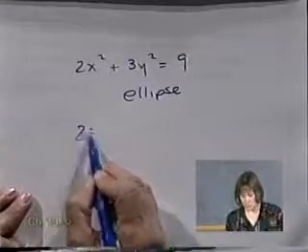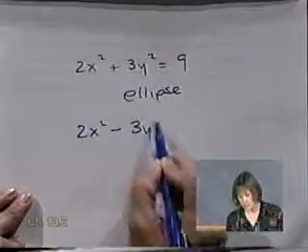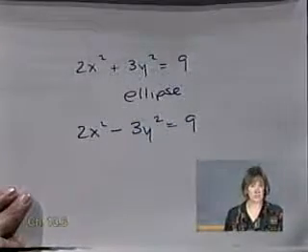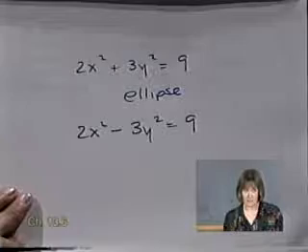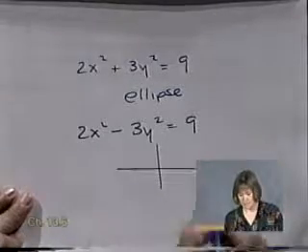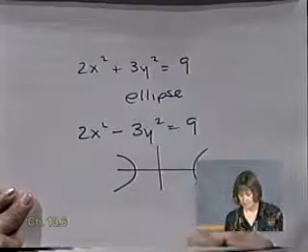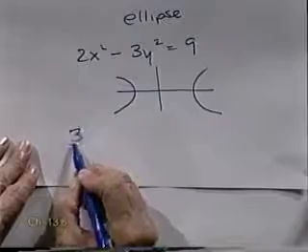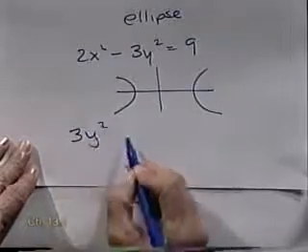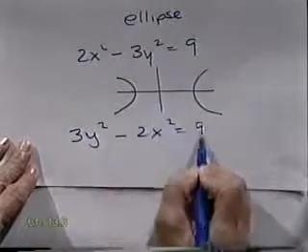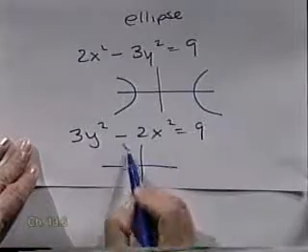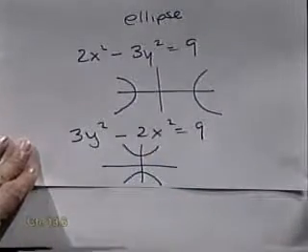What if I had 2x squared minus 3y squared equals 9? Hyperbola, isn't it? And a hyperbola that crosses which axis? X. And if I instead wanted 3y squared minus 2x squared equals 9, that again would be a hyperbola, but it would be crossing the y-axis.